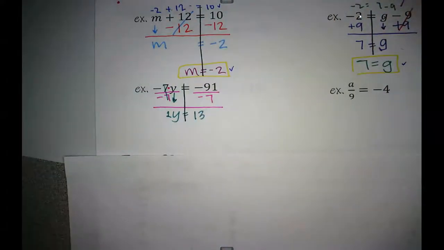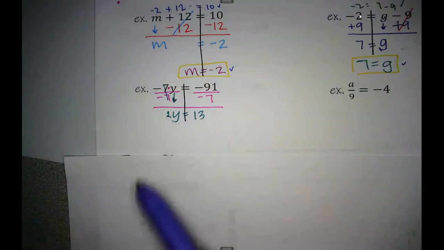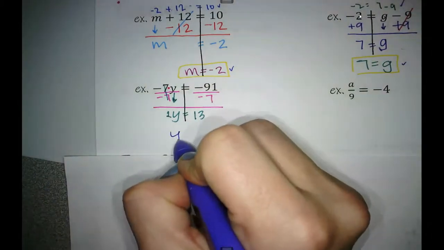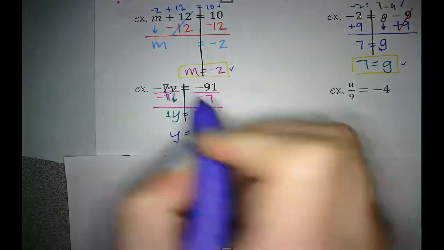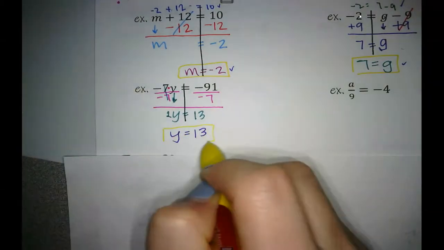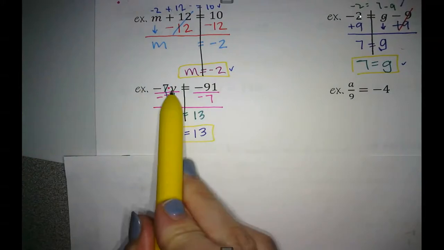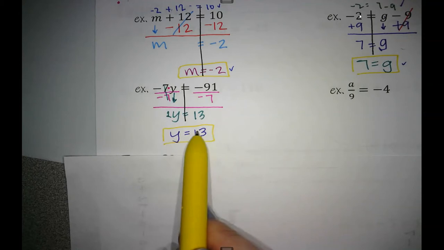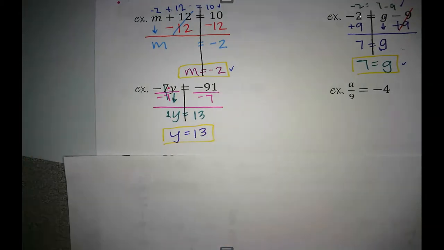So we don't have to put this understood 1 in front of our variable every time. So I can just say y equals 13. And that is my answer. Again, I can plug in y here, so I can say negative 7 times positive 13, and that's going to equal negative 91.